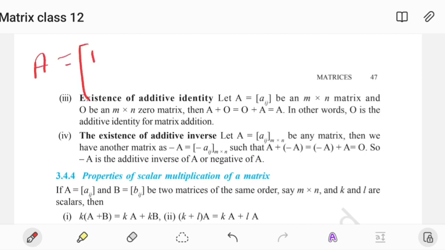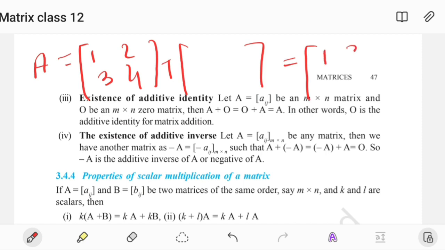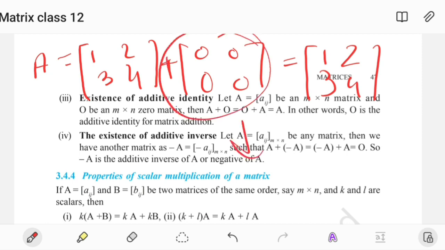Suppose my given matrix is 1 2 3 4. Now what should I add to this matrix so that I again get 1 2 3 4? The answer is very simple. Just add 0. Just add a matrix in which all the entries are 0. So I get a matrix which, when added with any matrix given to me, gives the same matrix again.